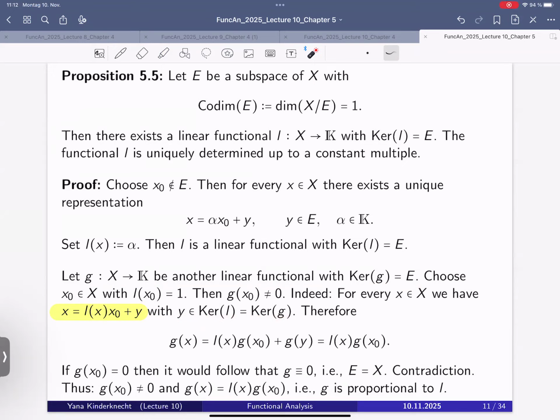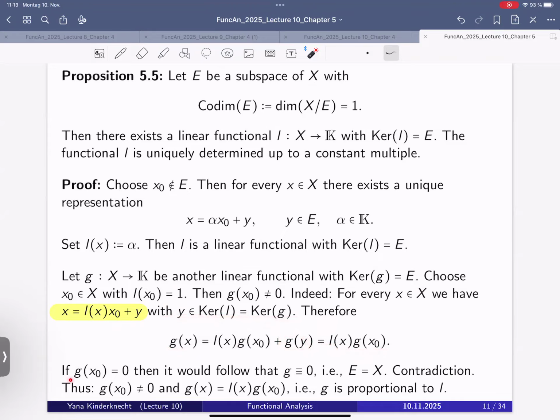Hence, if we apply G to this identity, on the left-hand side we have G of x. On the right-hand side, taking into account that G is a linear functional, we have L of x times G of x0 plus G of y. Since y belongs to the kernel of L, which is equal to the kernel of G, this is just 0. And hence G of x is equal to this.